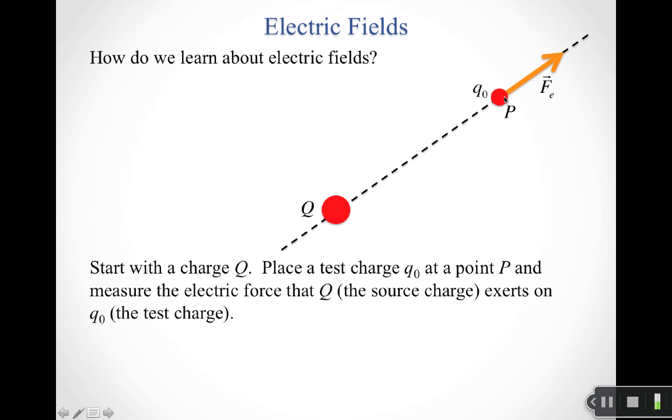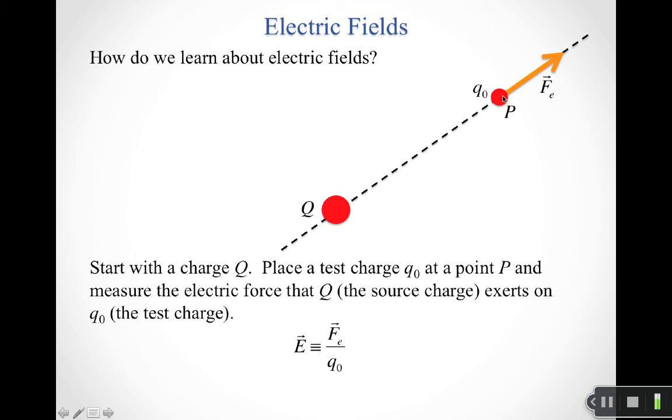So in this case, let's just assume that this happens to be positively charged, and this happens to be positively charged. I know that my test charge would be repelled by big Q, my source charge, and so I'd feel a force that points off in that direction. The reason this becomes useful is that we define the electric field to be the force felt by our test charge, where we then divide out the test charge.